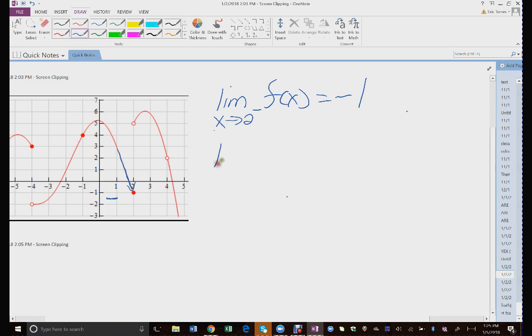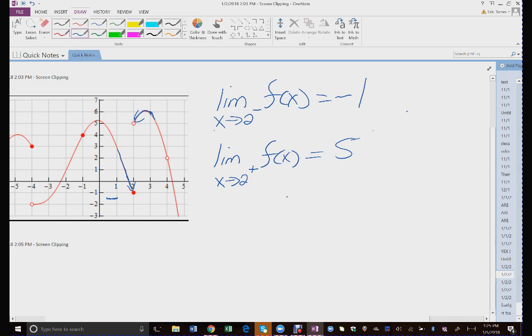If I look at the limit as x approaches 2 from the right-hand side of f of x, I'm on the function on the right side, and this is approaching a different y value. The y value it's approaching is 5.